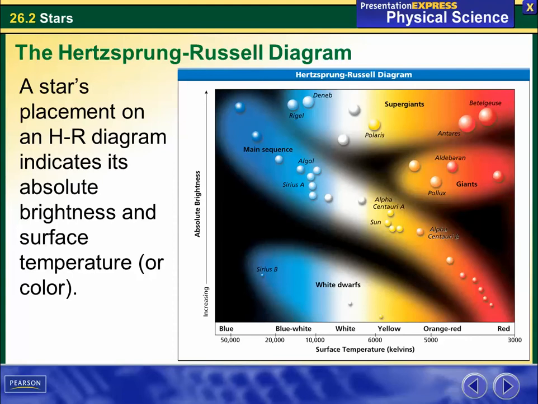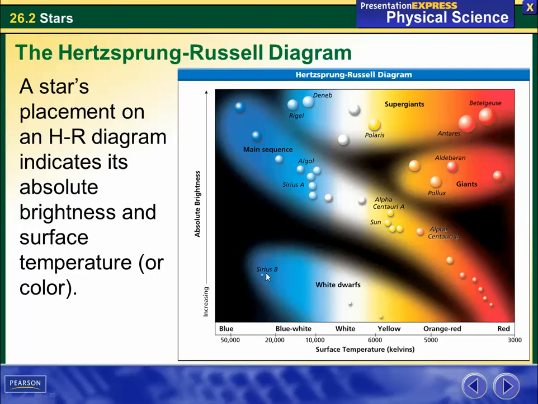Temperature varies greatly as well, but absolute brightness definitely varies much more. So here's kind of what this diagram looks like. The hottest, brightest star would be right here in the top left. They don't really have this one labeled, but this would be our hottest, brightest star. Our coolest, dimmest star is right down here at the bottom. All of these stars at the top are the brightest overall, but all these stars over here in the blue are much warmer.